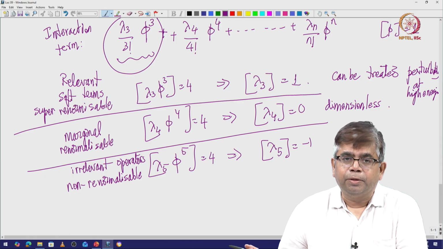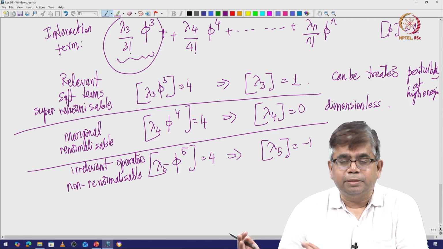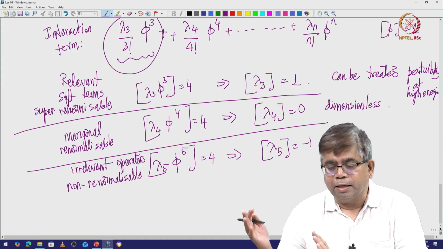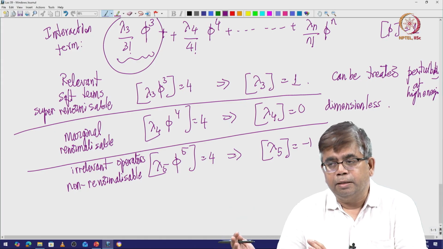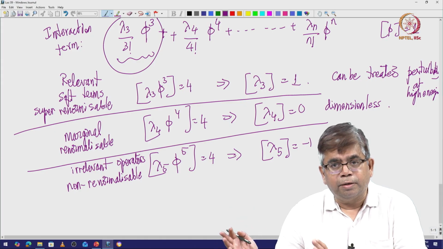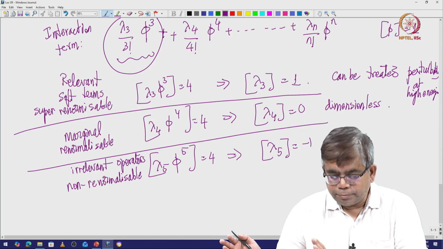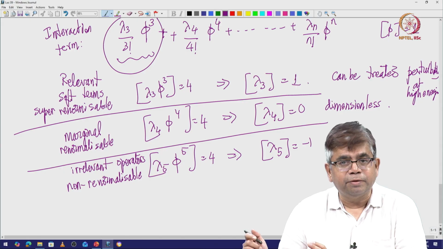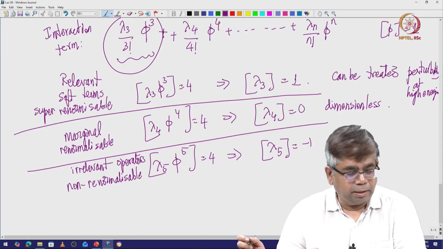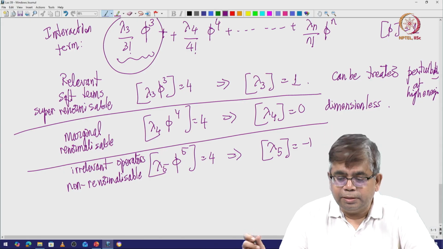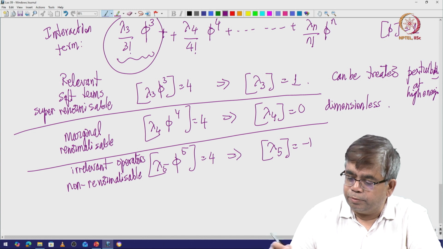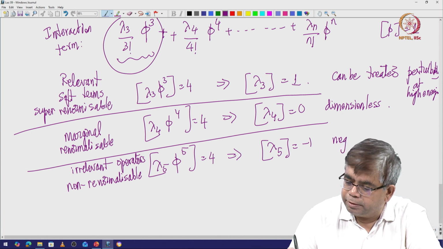Such things you cannot make a connection with physical observables, in the sense that you cannot exactly calculate it and make sure that at all orders in perturbation theory you can do a one-to-one matching with the experiment essentially. So there is this issue, okay. So they have negative mass dimensions.